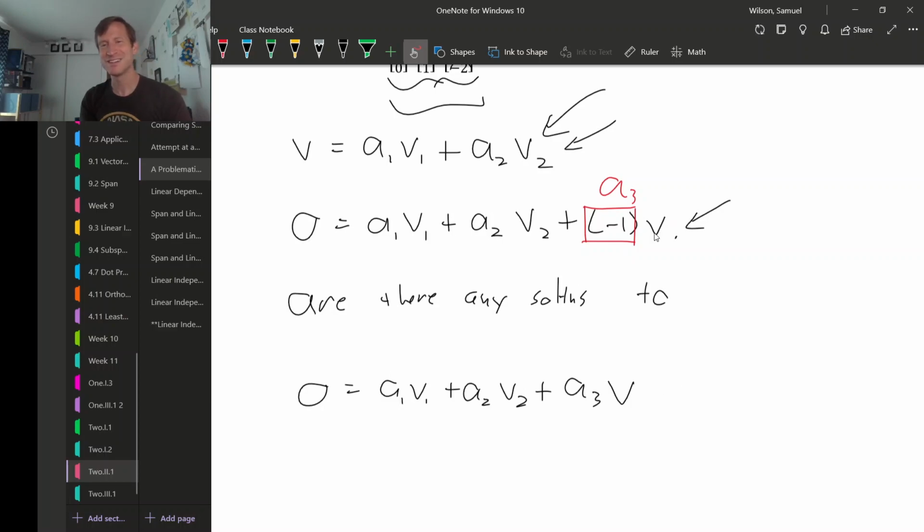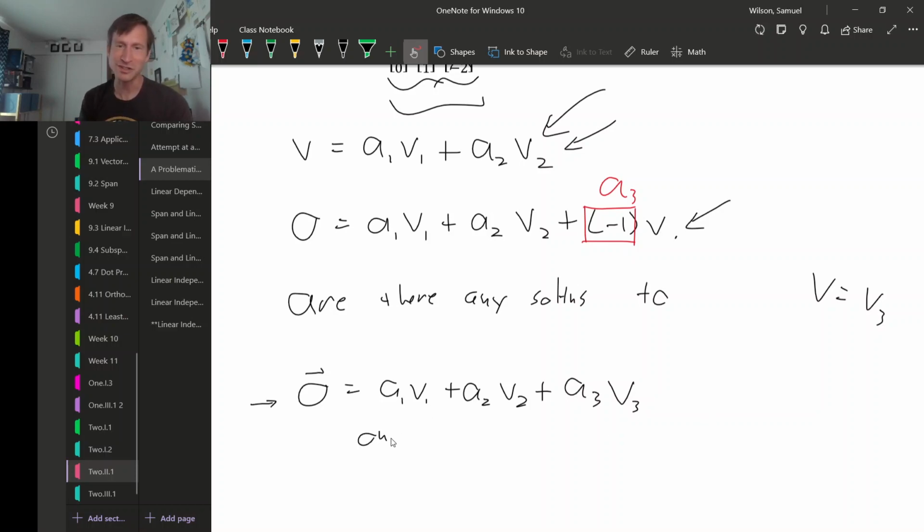Of course, right, v isn't special anymore, so maybe instead of v, we should just call it v3, just so everything looks the same. All right, note that on the left-hand side of this equation, this 0 is actually the vector 0, right? It's not a scalar 0. All right, well, you know, this equation definitely has a solution.